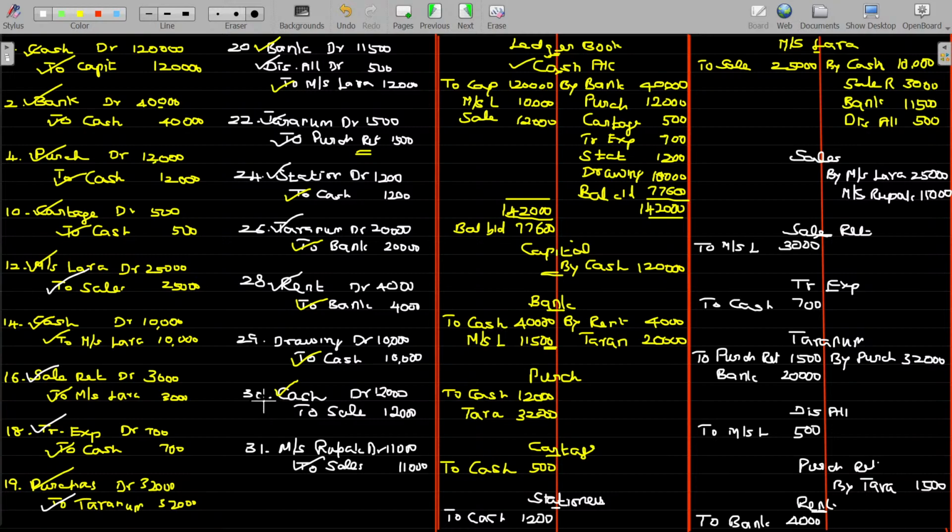And still we have drawings and rubric account. So I'll just open the drawings account here. In the drawings account, to cash, the value being 12,000.